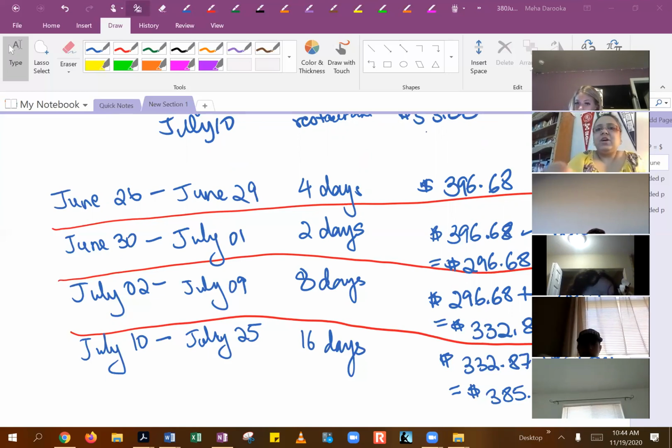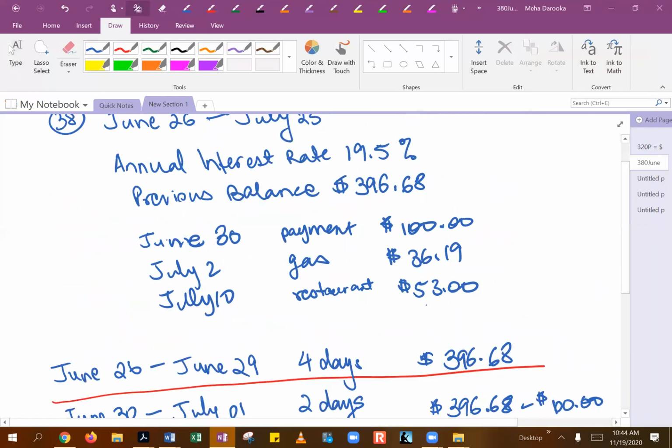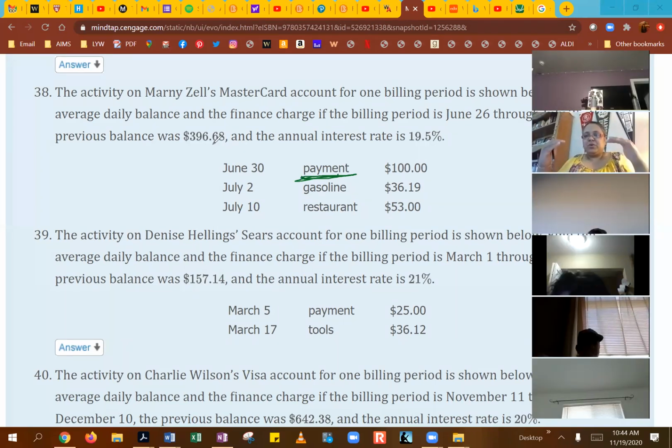Yeah, okay. So the reason we are subtracting that $100 is because they're specifically telling us that this is a payment. So payment means you are actually paying the credit card company, right? So when you had that balance of $396.68, you are making a payment, right? So when you pay the credit card, your balance goes down. And then when you make a purchase, your balance will go up.